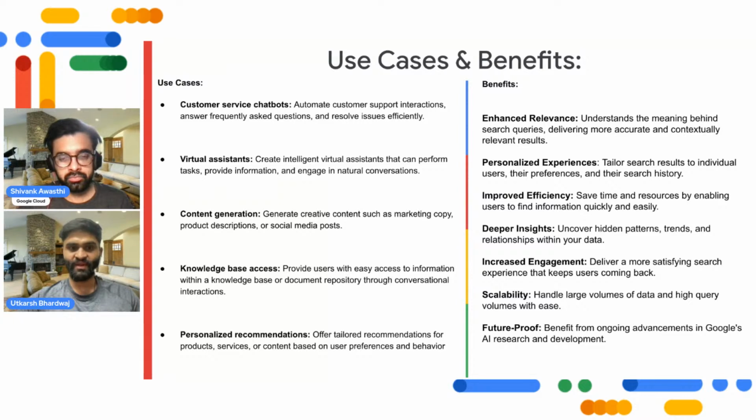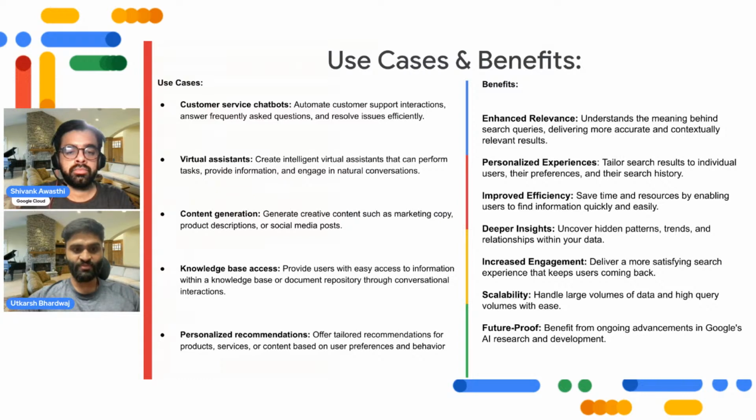It helps you create intelligent virtual assistants that can perform tasks, provide information, and engage in natural conversations. Third is content generation. Generate creative content such as marketing copy, product descriptions, or social media posts. This is quite similar to Vertex AI Conversation, but more in the field of search rather than conversing.